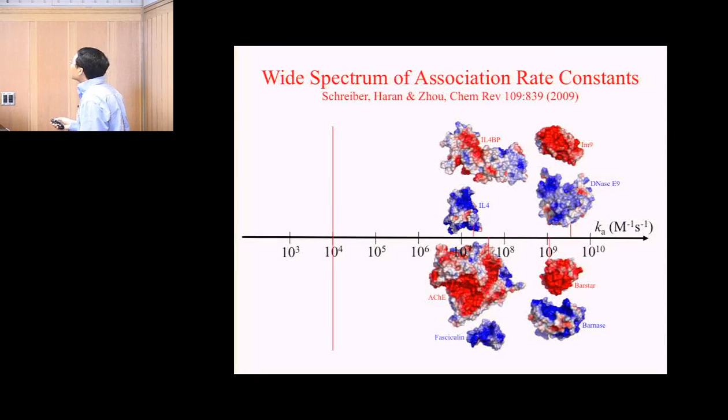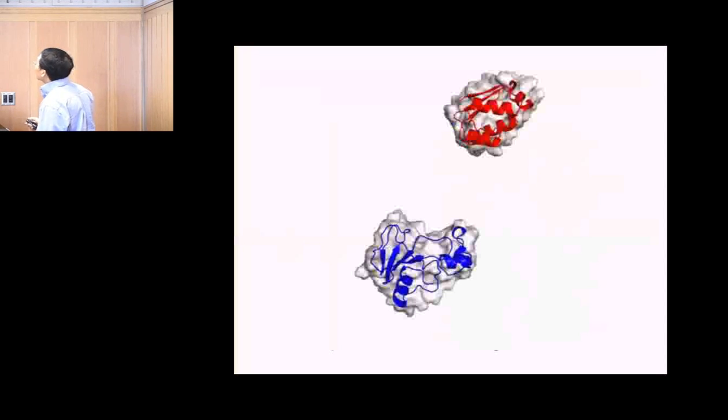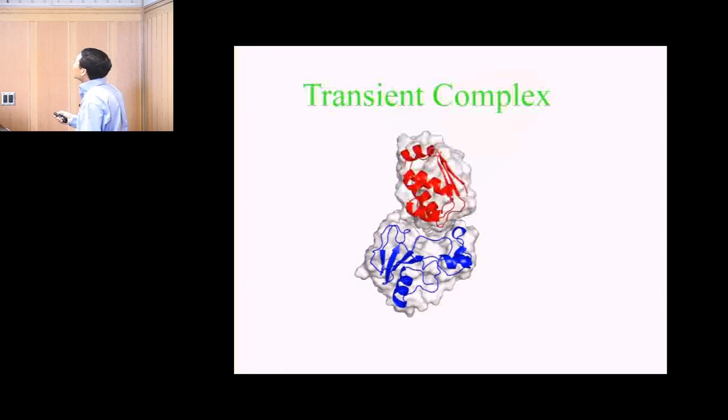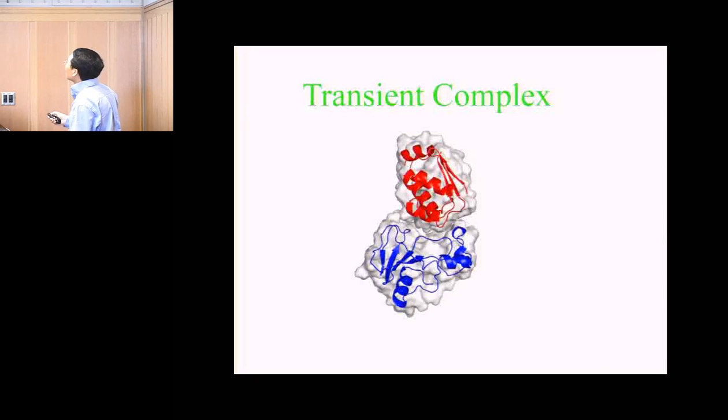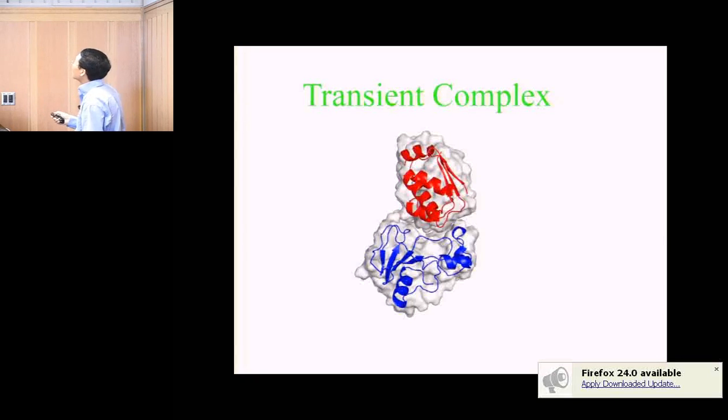Now, to understand the computational method, we need to look into this process of association a little bit further. So for 2 proteins to associate to form a stereospecific complex, obviously the first thing they have to do is come together, and not only do they have to come together, by the time they come together they also have to have the right orientation as well as a close separation.